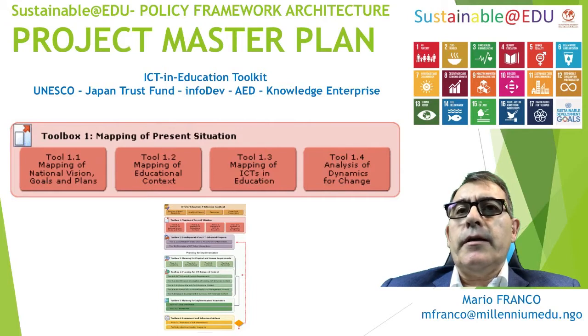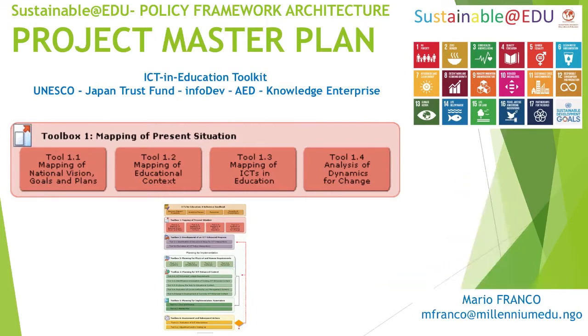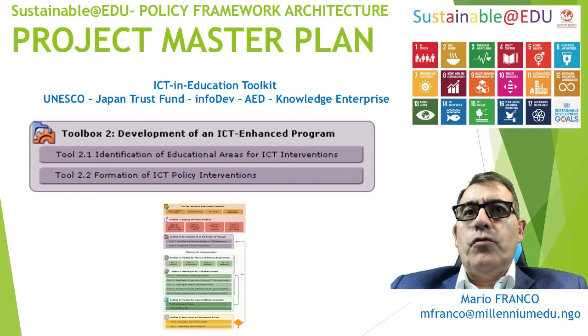These 4 areas are what constitute mapping the situation, toolbox number 1. Toolbox 2, development of an ICT enhanced program, includes 2 tools: identification of educational areas for ICT interventions, and the second, formation of ICT policy interventions.